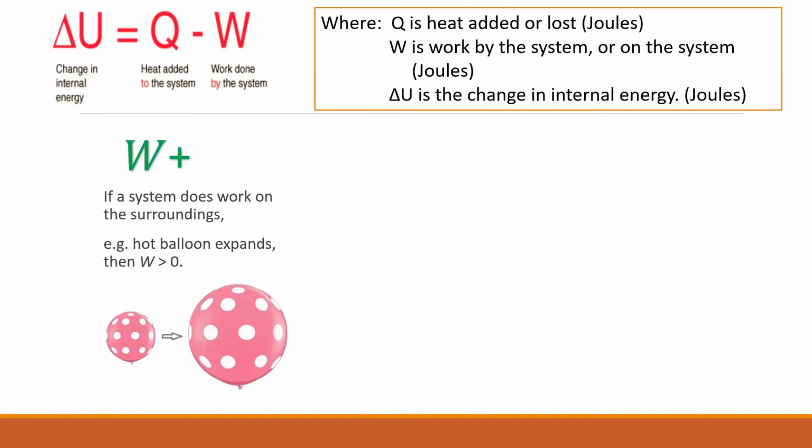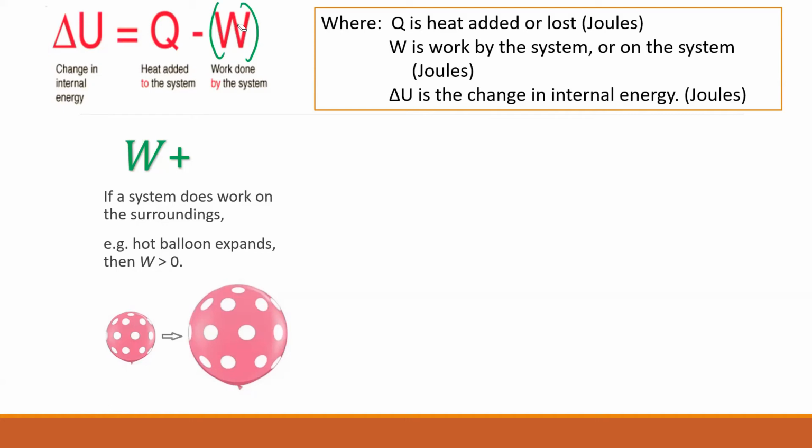When I say work is positive, that means that the W is positive, okay? So if I subtract a positive, it becomes subtraction, okay? So remember I said that if a system's doing work, then it's losing energy. So if it's doing work and this number is positive and you subtract the positive number, it's going to make this number less.